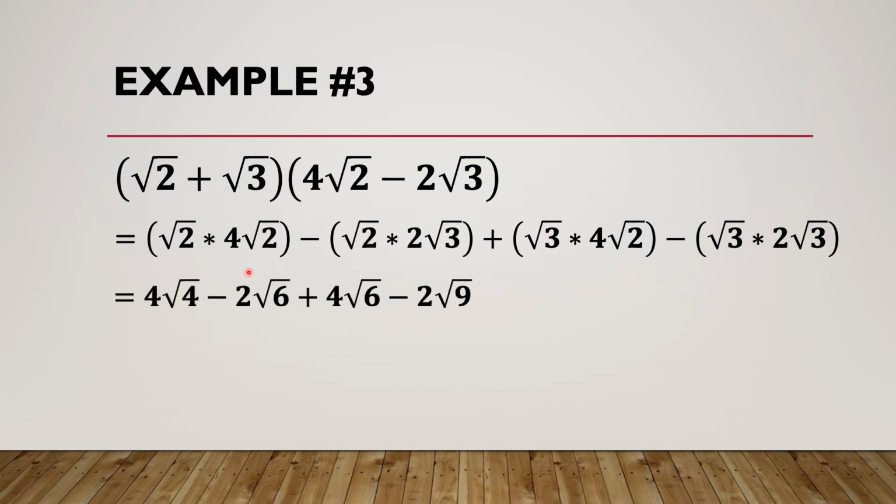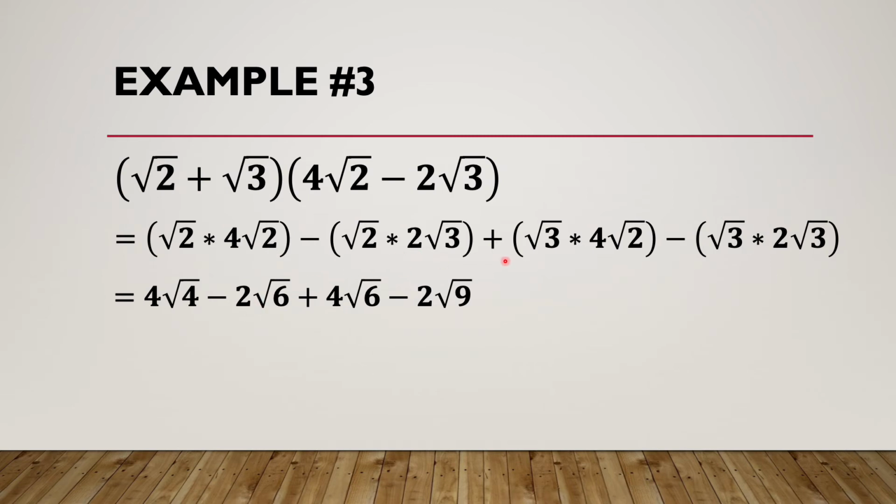Then multiply. Same index. Multiply the radicands. 2 times 2, 4. Multiply their coefficient. 1 times 4, 4. Then copy the operation. Minus. Same index. Multiply the radicands. 2 times 3, 6. 1 times 2, 2.